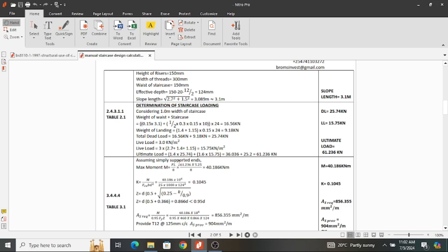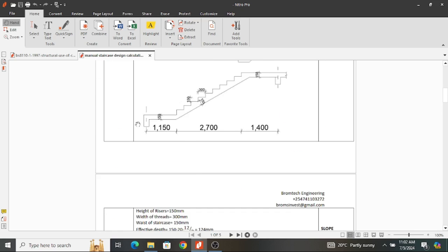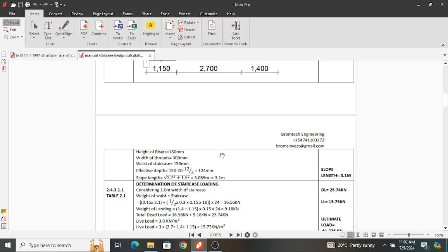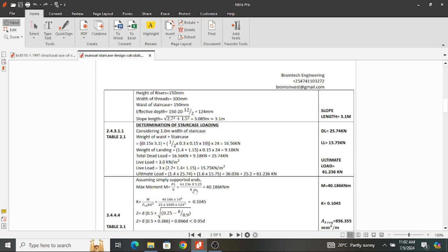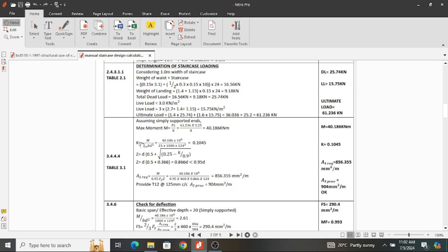F being the total load, which is 61.236, you multiply it by the total dimension. The total dimension is a sum of this, which is 5.25. Then you divide that by 8 to give you 40.186 kilonewton meters. Therefore, this is the moment I'm going to design against. And I'm going to proceed.